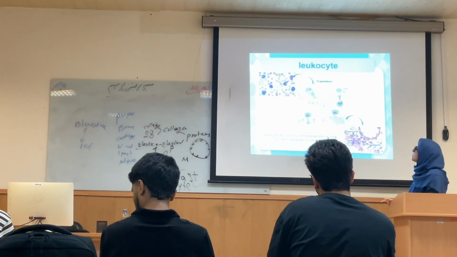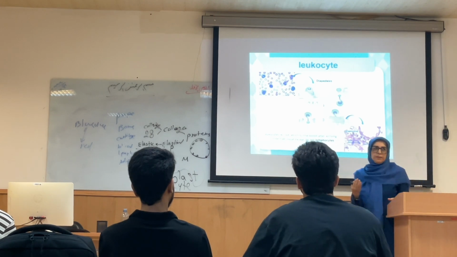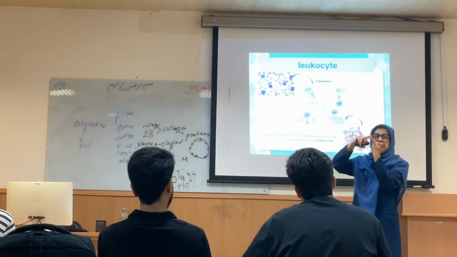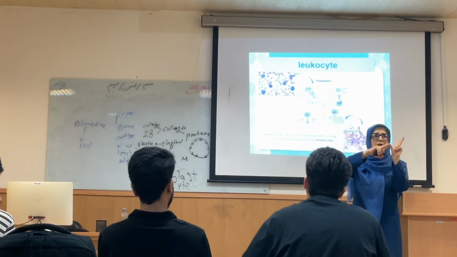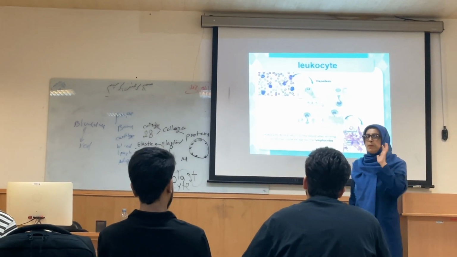Leukocytes, the different types of white blood cells, such as neutrophil, eosinophil, basophil, monocyte, that I explained about, and lymphocyte, are the five types of white blood cells, which are blood cells.